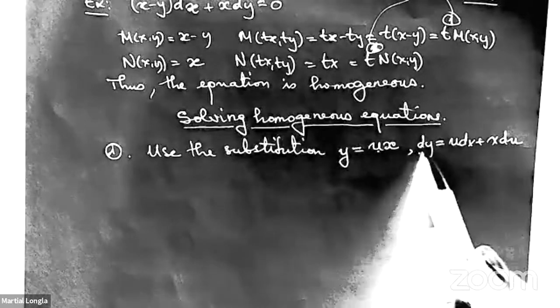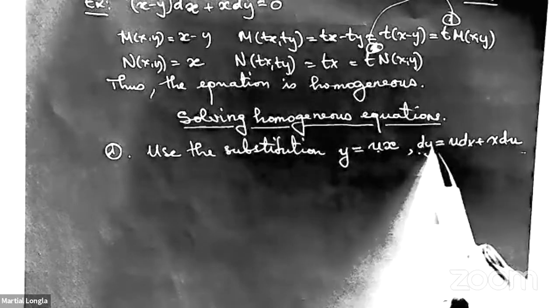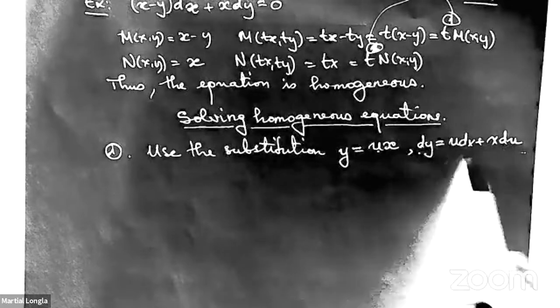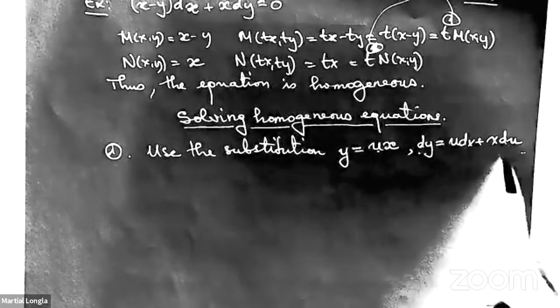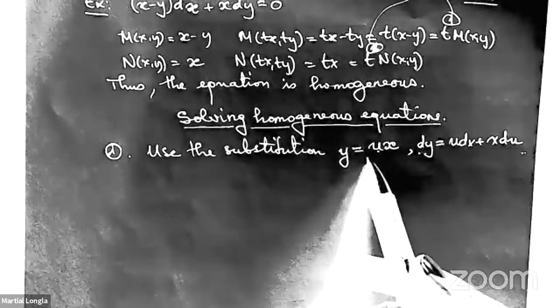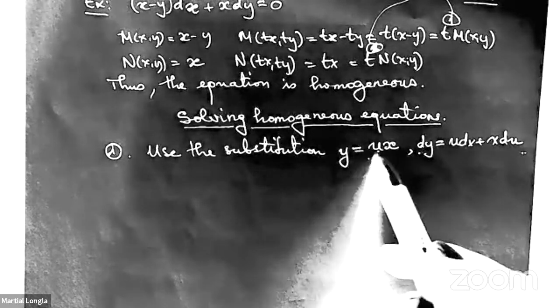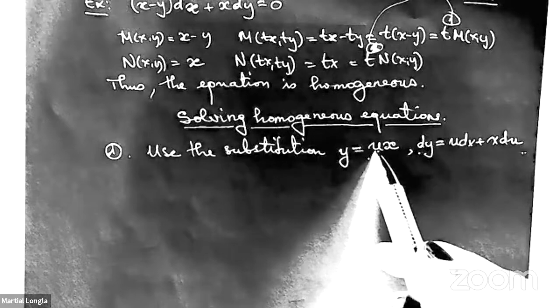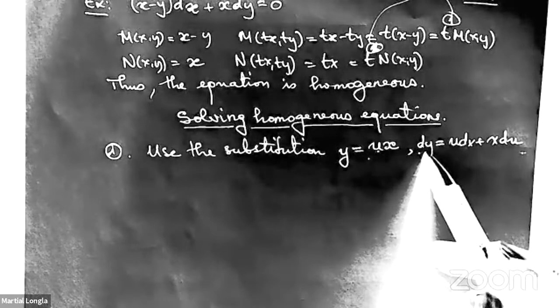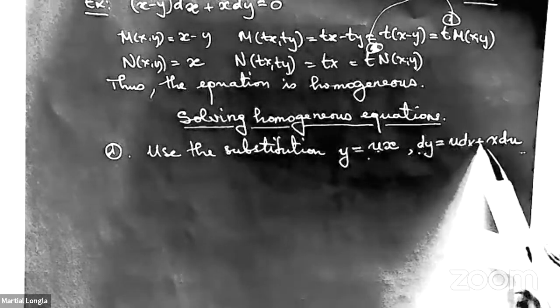This is using the product rule to compute the derivative of u times x. So I take the derivative of y, knowing that u is a function of x, which tells me dy equals u dx plus x du.